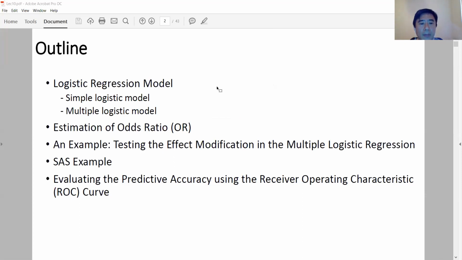You can also think there is a main independent variable of interest we call the exposure variable, with the outcome.